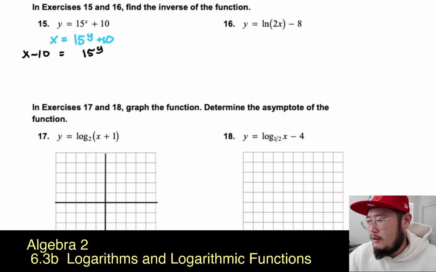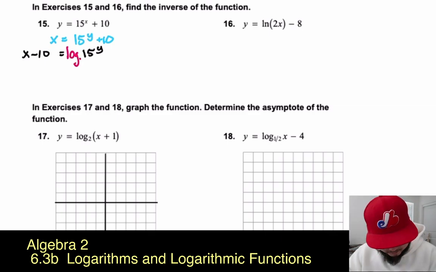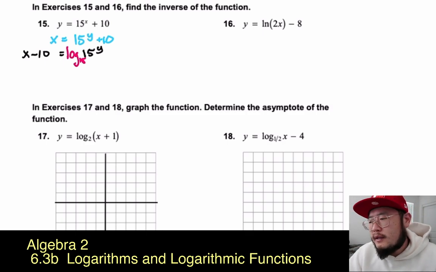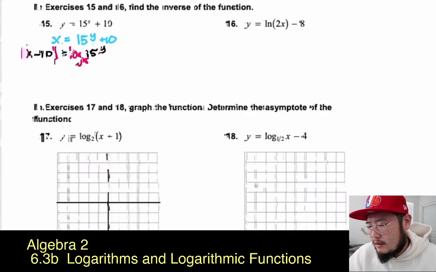Remember, if the log base is the same as what it is of, then that'll bring that exponent right down. So here's what I'm going to do to both sides. I'm going to go ahead and apply log base 15 to both sides. Let's see if I can fit that in. We have log base 15.